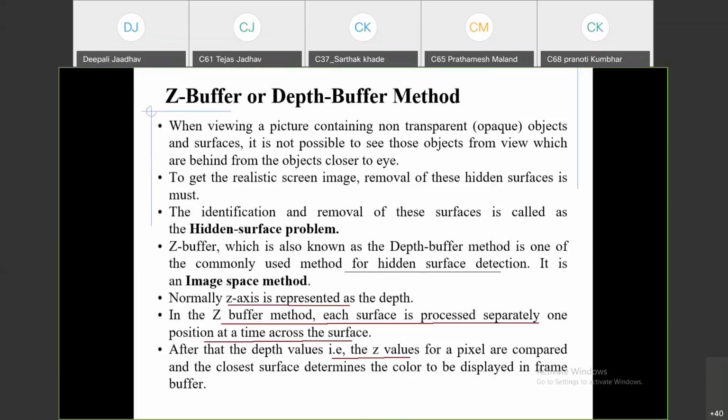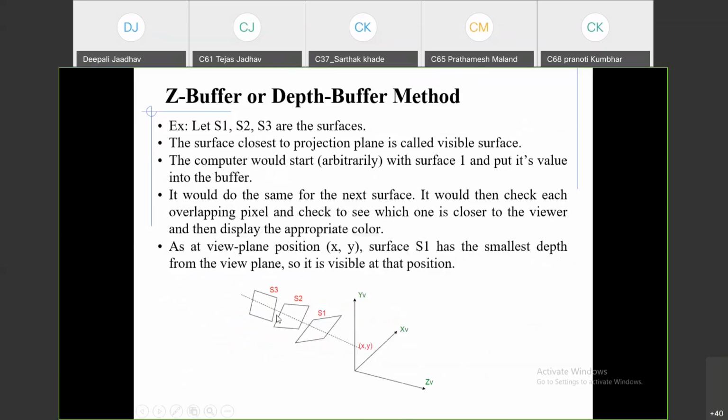In this example, there are three surfaces, and for these three surfaces the Z value is considered. X and Y are the pixel coordinates, but the Z value represents the depth of that surface.